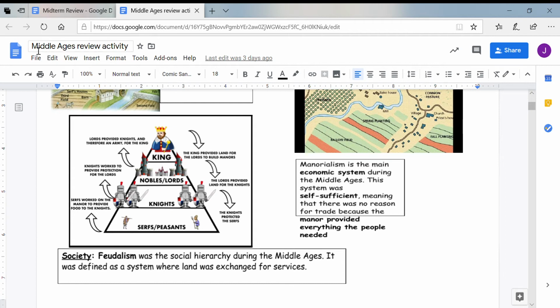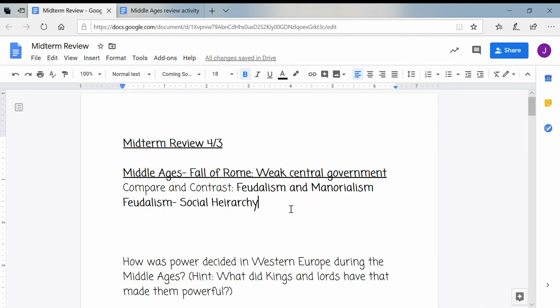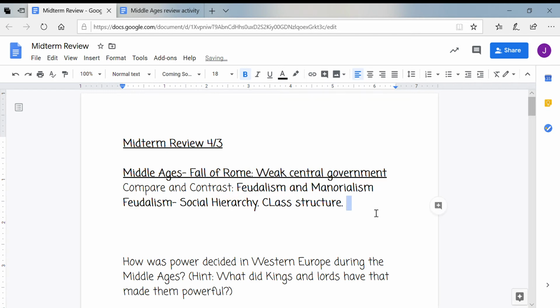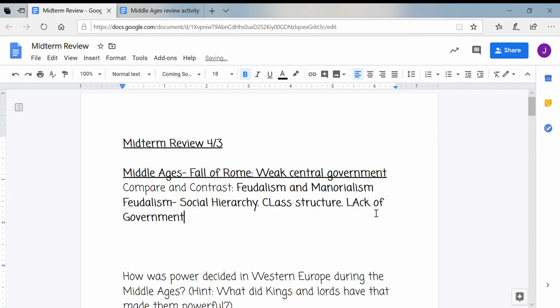Okay, now what else do you have to remember for feudalism? Remember, it's a social hierarchy, it's a social triangle, it's a class structure, right? Now, why did feudalism rise again? It's because there was a lack of government.